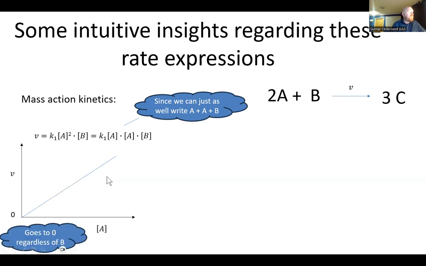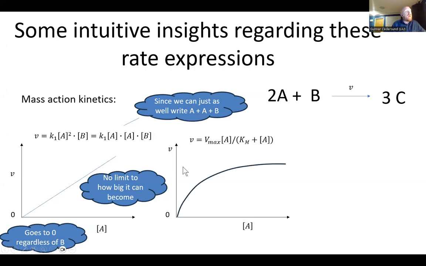The first is that the reaction rate goes down to 0 no matter what B is doing. So even if B is super big, if you don't have any A in mass action kinetics, there will not be any reaction happening, which is typically sound. And the other thing is that there is no limit for how big the reaction rate can become. It just grows and grows and grows forever.